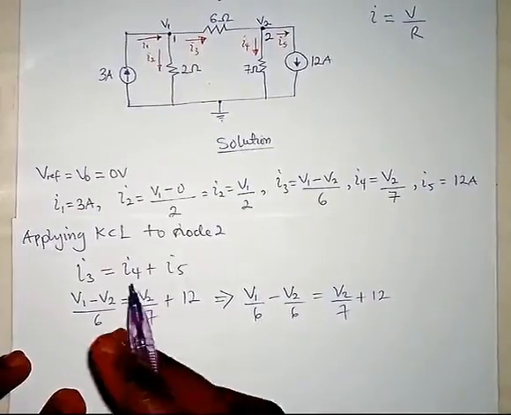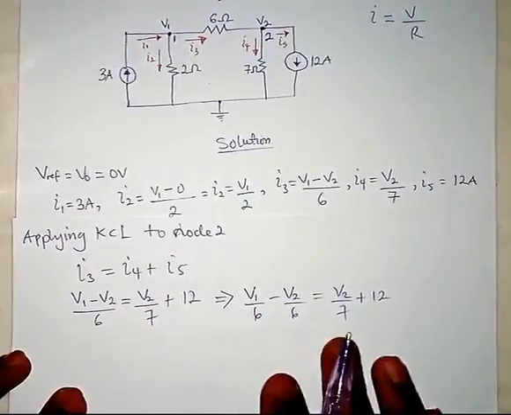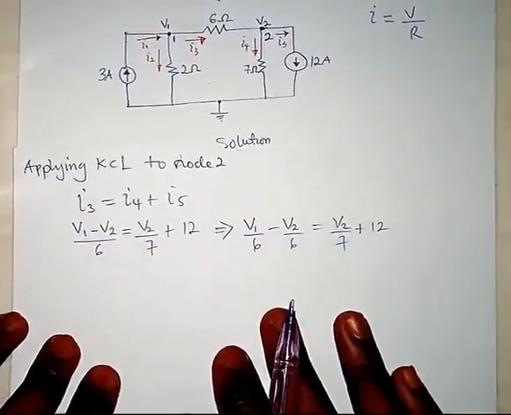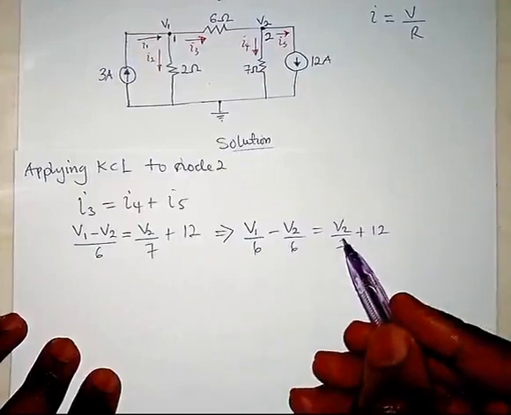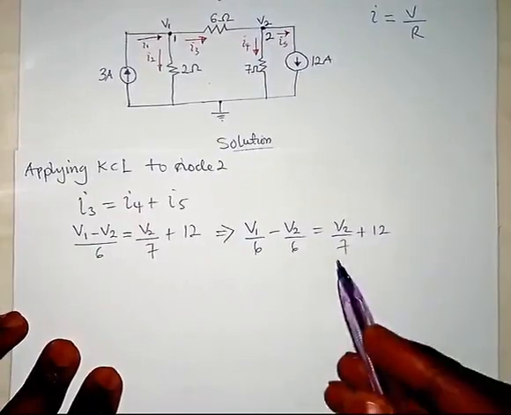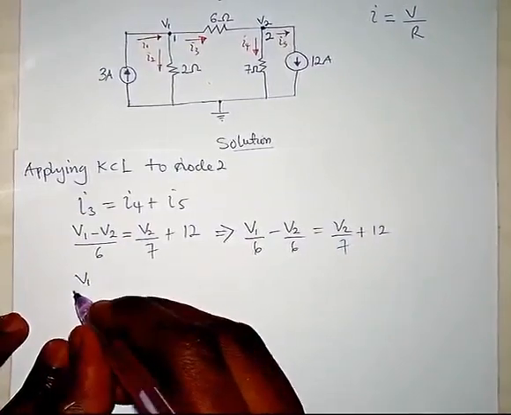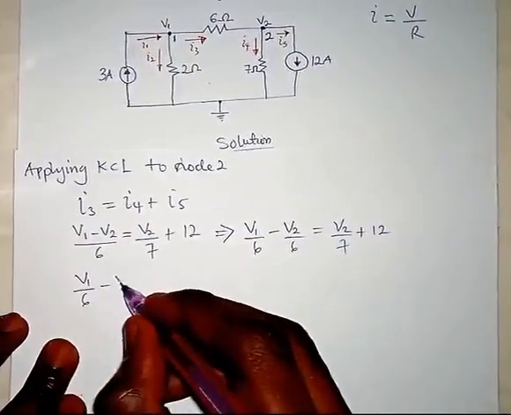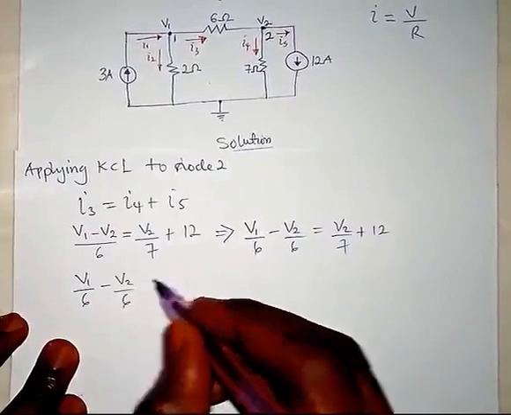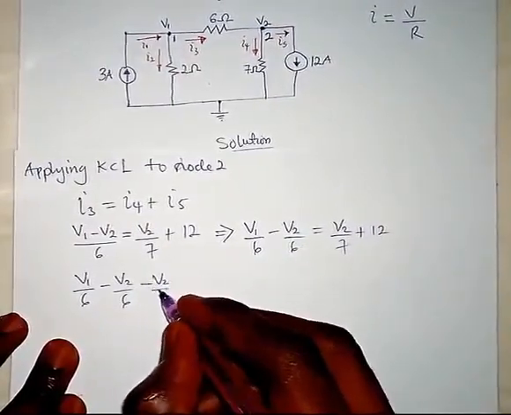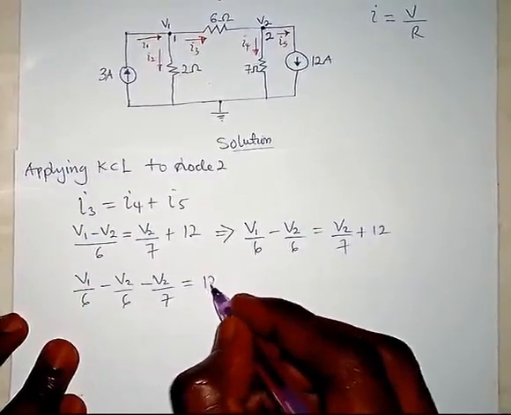Some person might choose to take LCM and solve the same thing, but I think this is the simplest approach I've offered. So at this point, you can collect like terms by taking this V2 to the left hand side. So you're going to have V1 over 6 minus V2 over 6, and if this is positive, crossing the sign makes it negative, minus V2 over 7 equals 12.